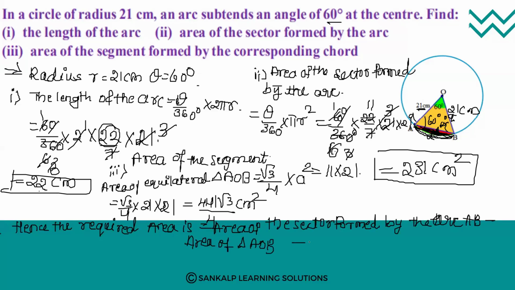Yes, so I will write here only. Area of the sector formed by the arc is 231, right? So 231 centimeter square minus area of the equilateral triangle, which is 441 root 3 divided by 4. So this is the area of the segment, right? So this is the area of the segment, centimeter square.